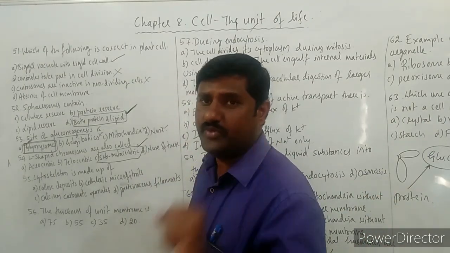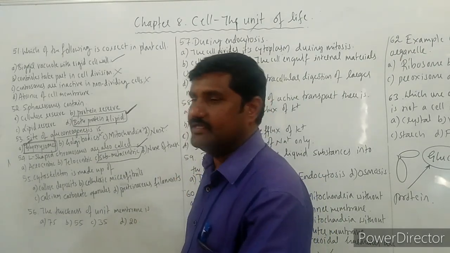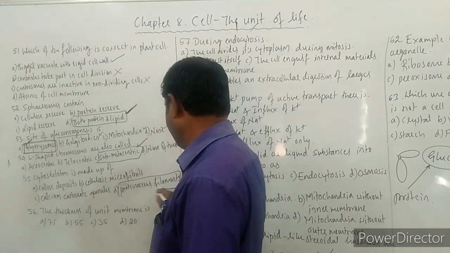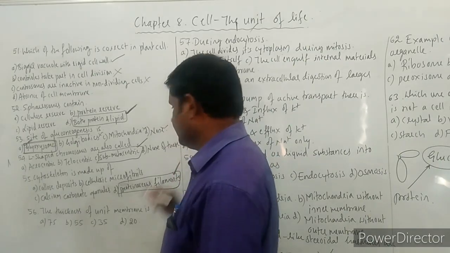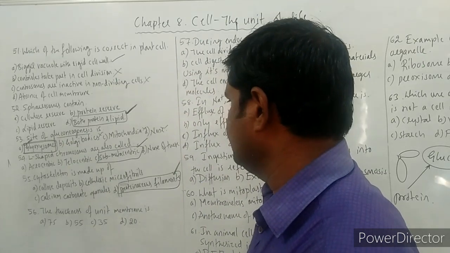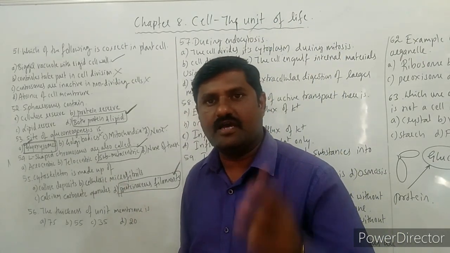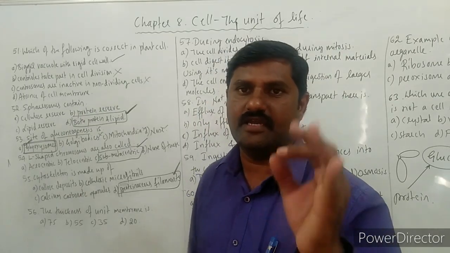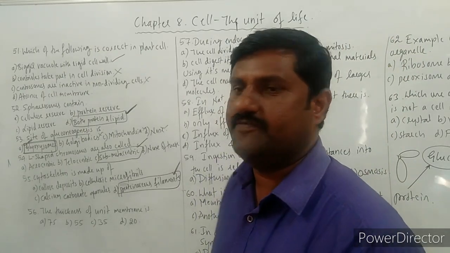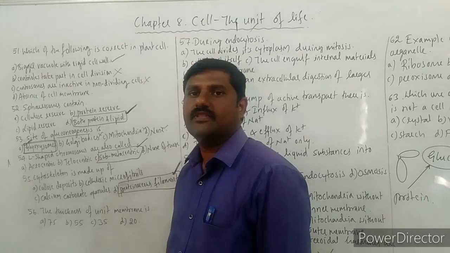They are microtubules, especially tubulin protein they are made up of. Here protein is required. That is proteinaceous filaments. So the skeletal system of the cell, that is the cytoskeleton, is made up of proteinaceous filaments. There are three types of proteinaceous filaments, as already mentioned: microtubules, microfilaments, as well as intermediate filaments. That's why the correct answer is proteinaceous filaments.